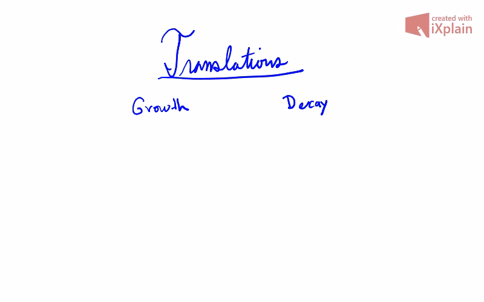Now, if you were basically just talking about horizontal and vertical movements, for growth you have f of x equals a to the x plus or minus h, the horizontal movement, plus or minus k, the vertical movement.